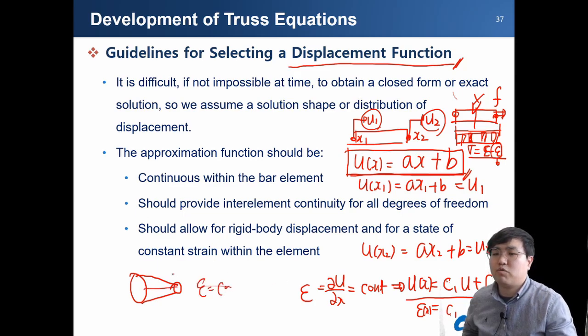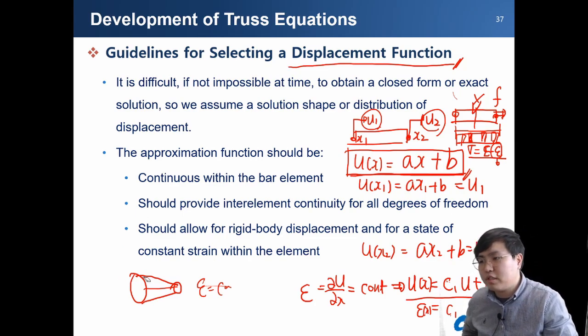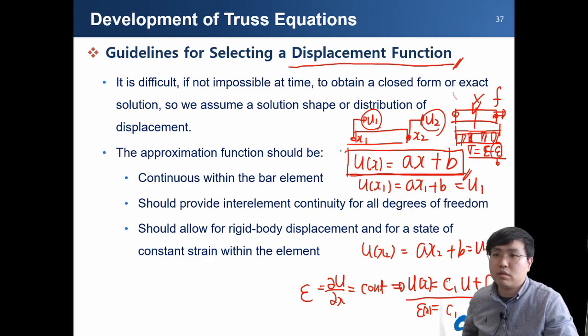At that time you should change the displacement field. However, this is not our main focus. So in our FEM simulation, we assume that our displacement field is a first order polynomial equation. This is our assumption.